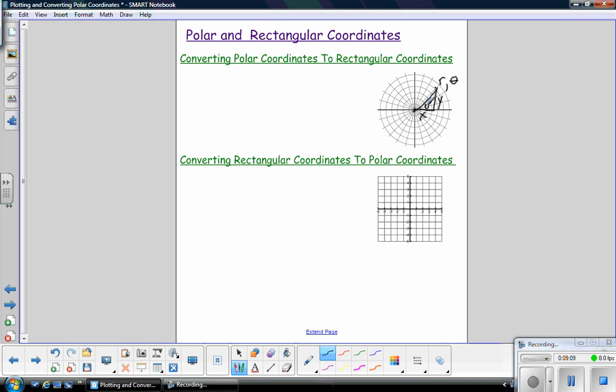Well, this is theta, and this is r. The cosine, let's do cosine. The cosine of theta is going to equal adjacent over r. So that's x over r.